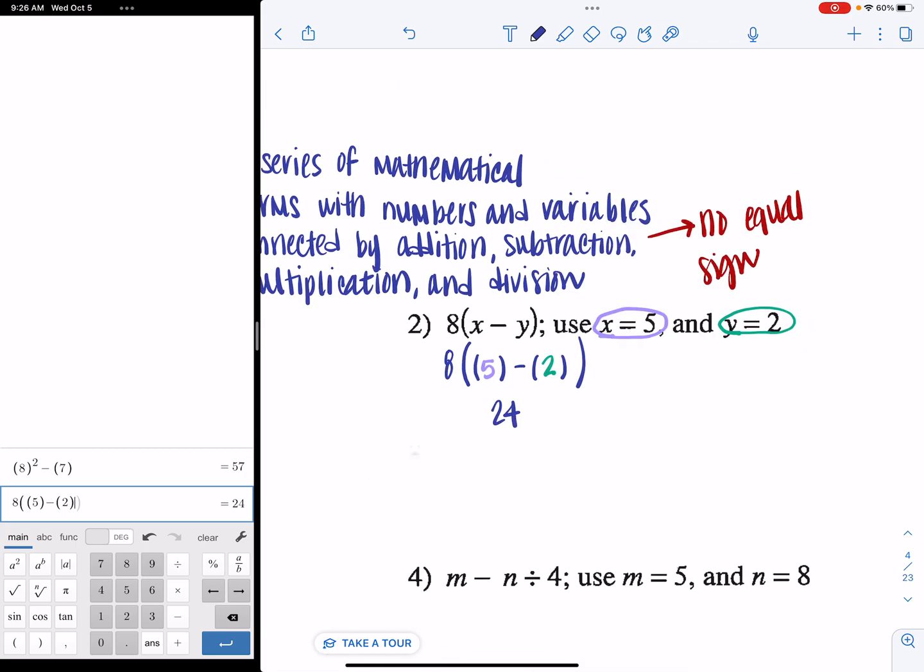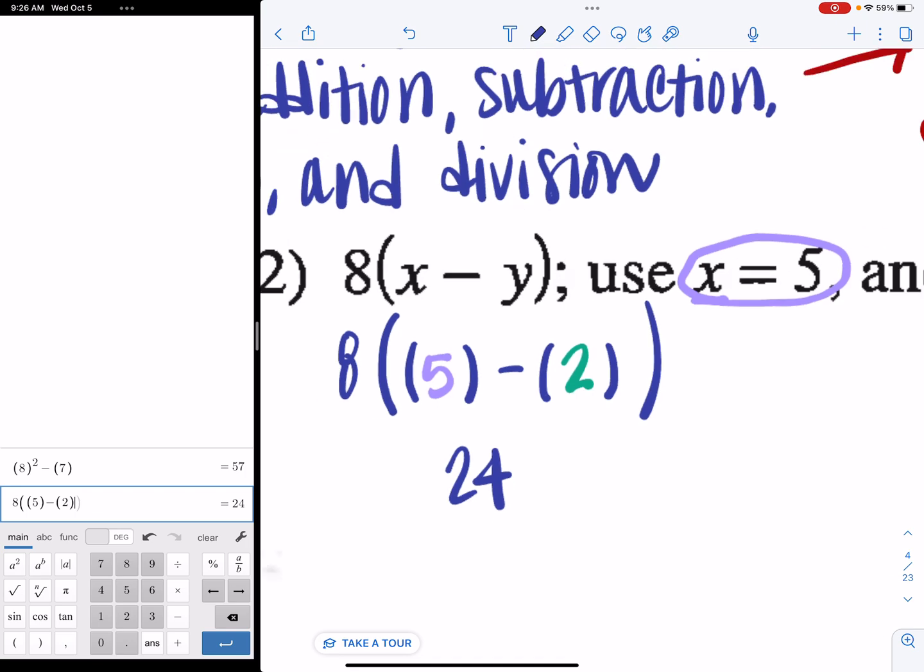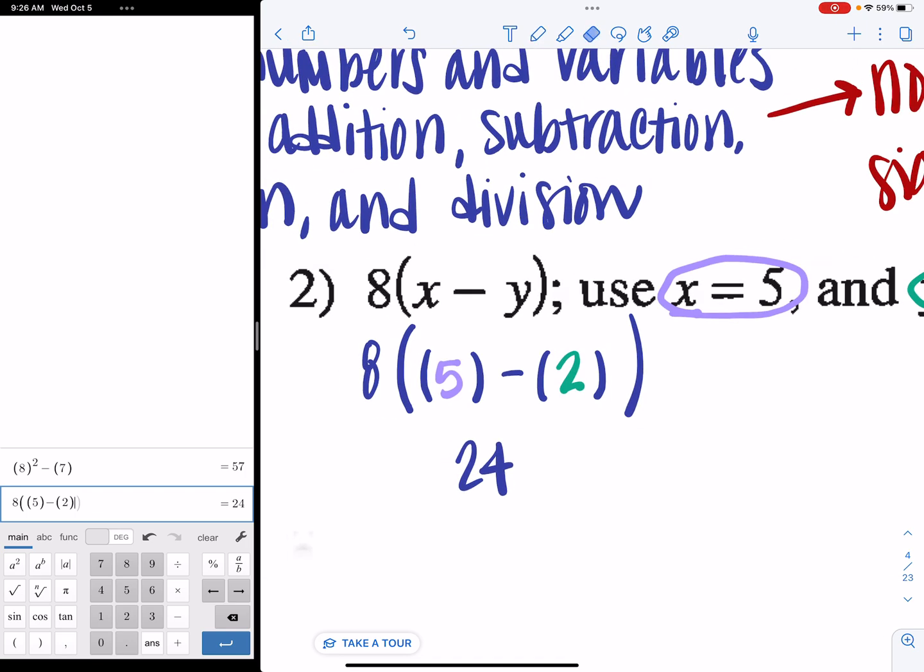Now, could you get the same answer without these parentheses? Yes. So why do I make you put them in there? Well, on a lot of these, you can get the same answer, but on some of them, you will not. And so it's a really good habit to get into to keep putting in those parentheses so that when it really matters, you don't have to think about it. They're already there for you.